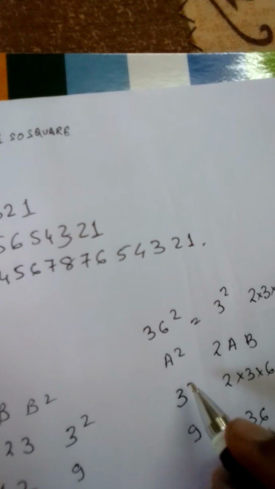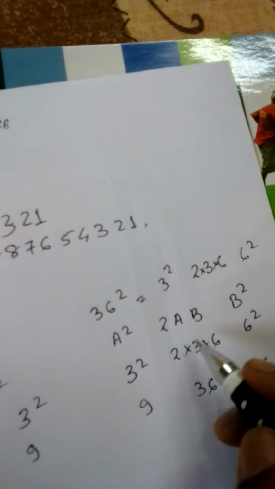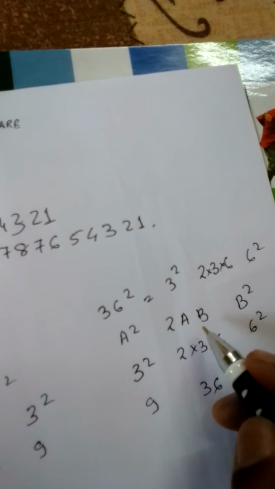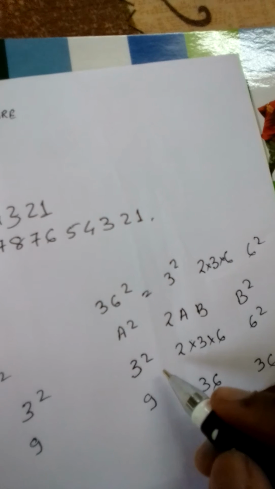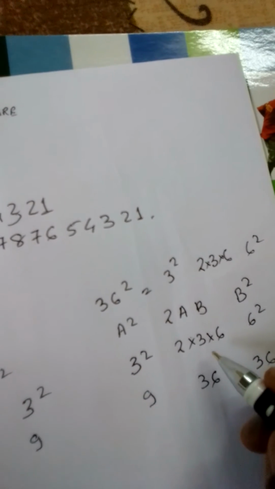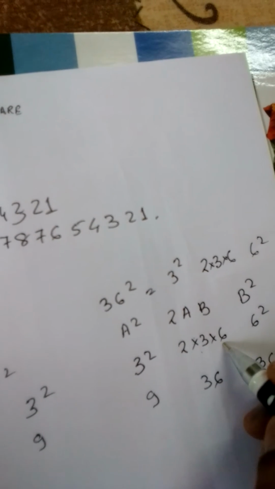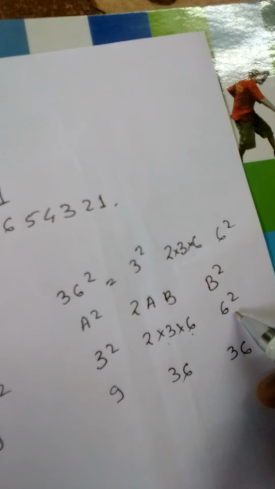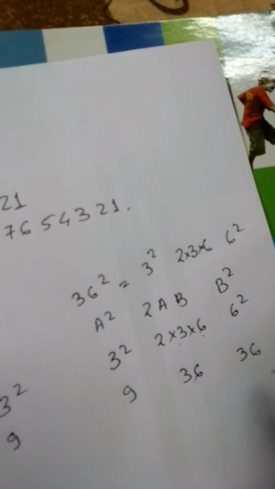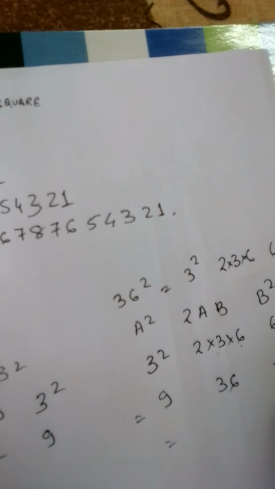So we'll write a square, 2ab and b square, but we will put only the numbers, not the plus. Here 3 square is 9, then 2ab is 2 into 3 into 6, that is 36, and 6 square is 36. So we have to solve the problem from the right hand side.